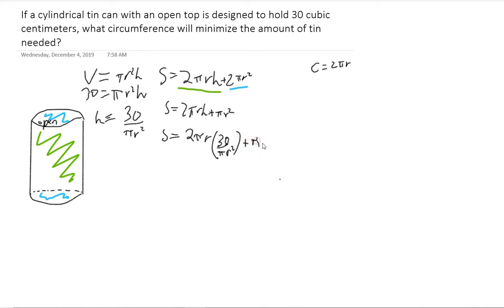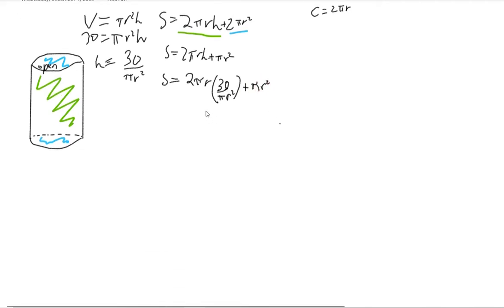So now everything is in terms of radius, which is great. It's what we want. We can do some canceling. Our pi's will cancel. One of the r's will cancel here. And so let's do some simplifying. Surface area will now be equal to 60 over r, and then this last term has not changed yet, plus pi r squared.